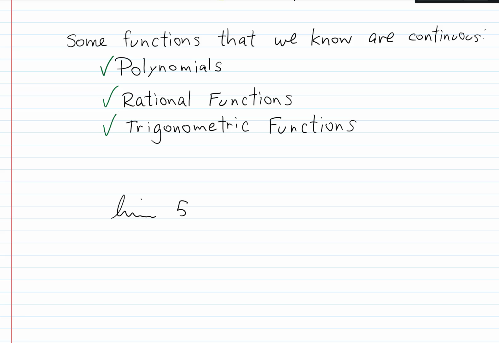So if I was to ask you a question now, if I said, what's the limit of 5x squared plus 3x plus 2 as x approaches 1? If I asked you to do that, remember that earlier in the semester I said you do not plug in 1. You plug in numbers that are getting close to 1. But now we're in a different position. Now we've learned more. Now we've learned that polynomials are continuous, and that's a polynomial.